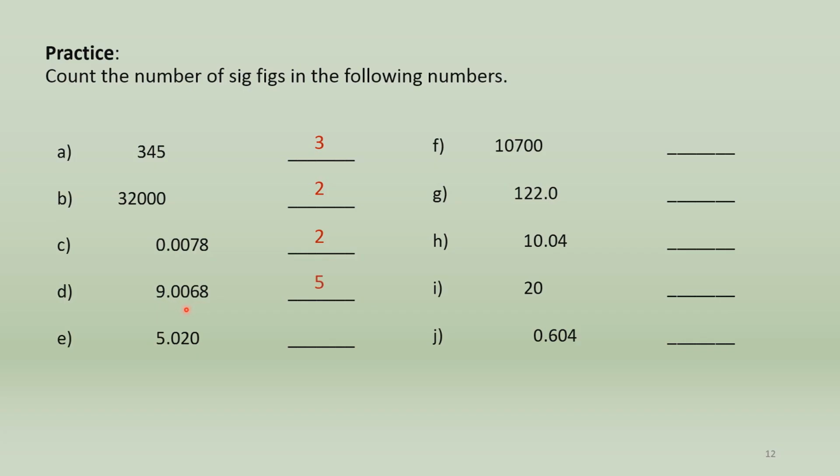There are 5 sig figs. 5.020 has a decimal in it. Zeros to the right are therefore significant, a total of 4 sig figs.